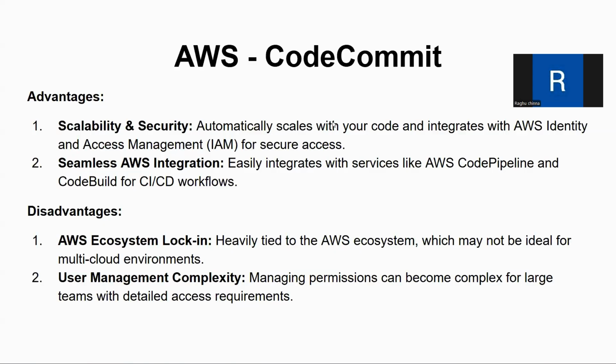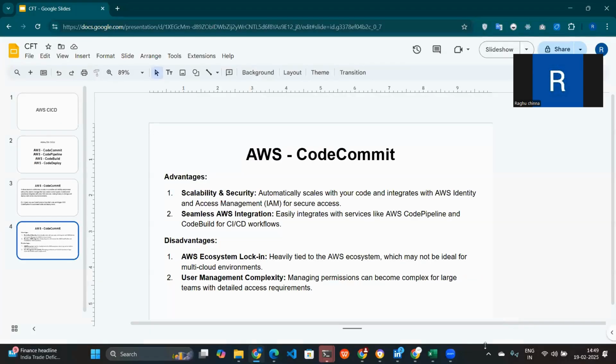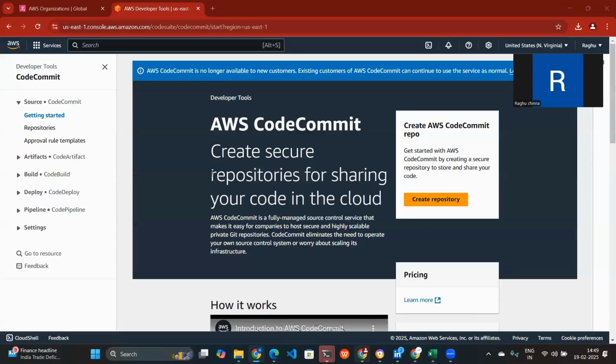So it is not that user friendly, because user management is a big issue, and multi-cloud and hybrid is a very big issue. So for larger applications we can't use it, but if the application is only focused on AWS and has minimal microservices, we can definitely use AWS CodeCommit.